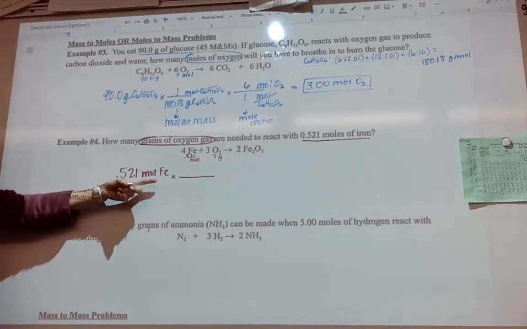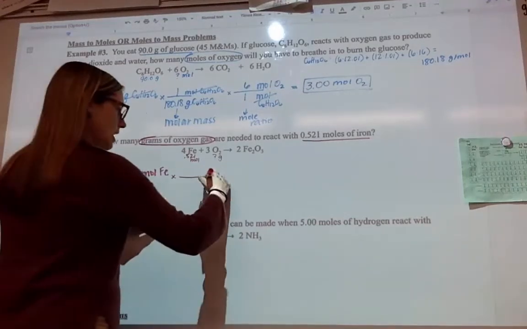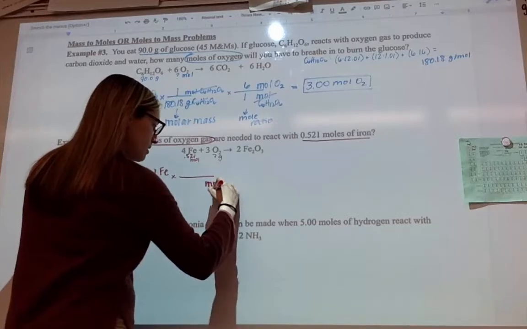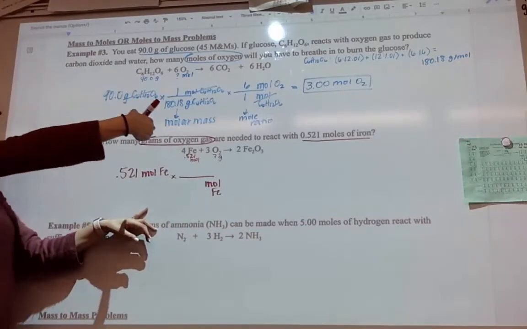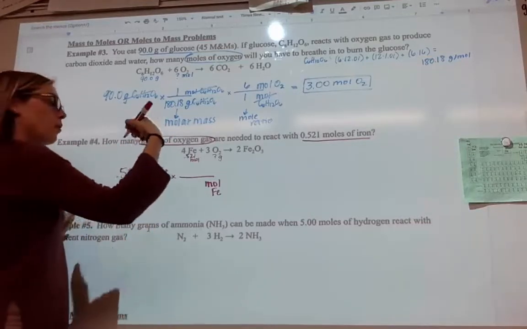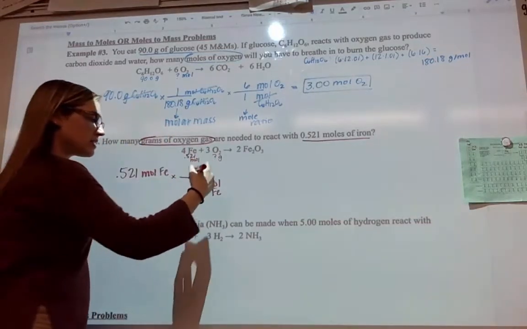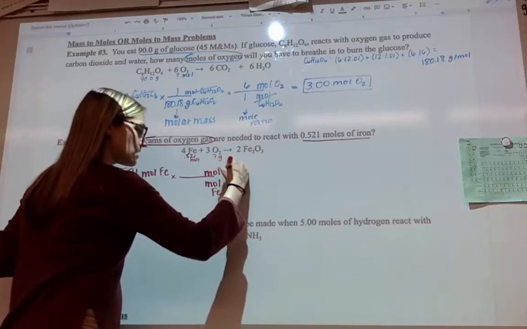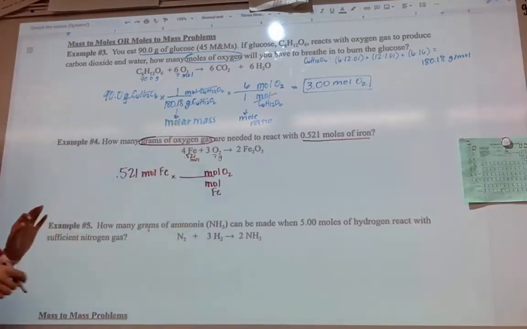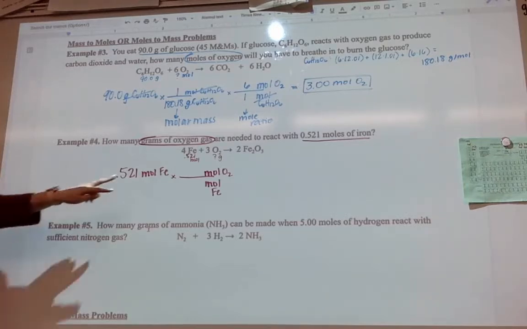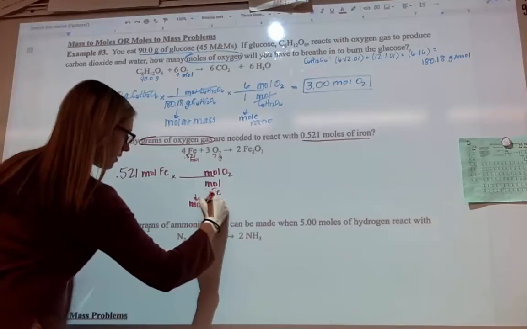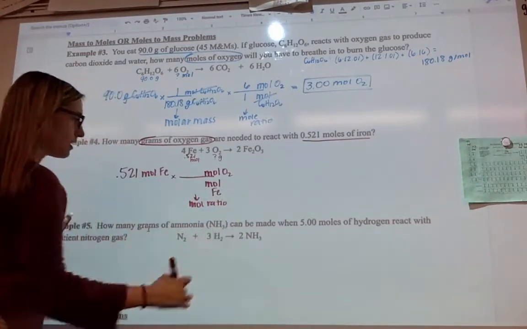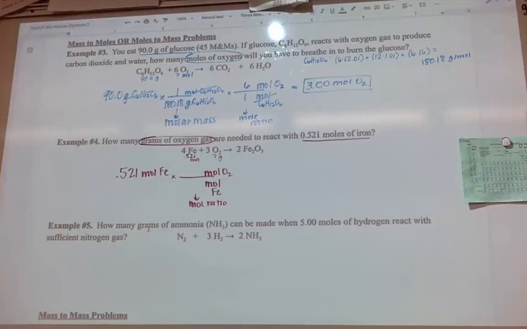The reason it's important to have your given information in moles is so that you can go from your given to something else. When you go between substances, this has got to be moles and moles. We cannot use any other units in this mole ratio. It's called a mole ratio. Not a gram ratio or a molecule ratio, but a mole ratio.